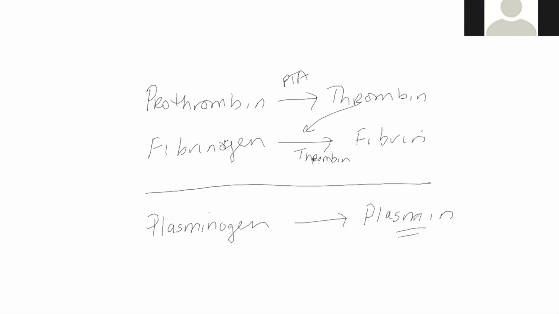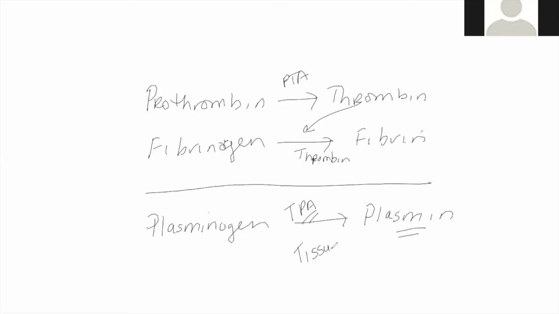So this is really what's going to break down the clots. And we need something else to convert this. So what we have is tissue plasminogen activator, and we refer to that as TPA.